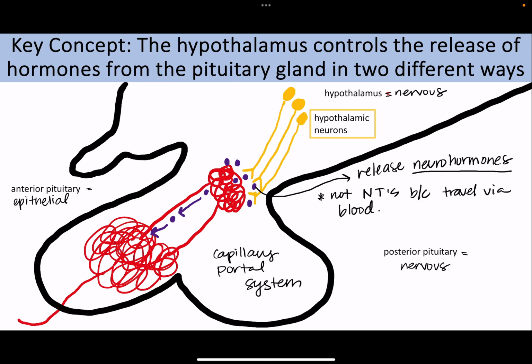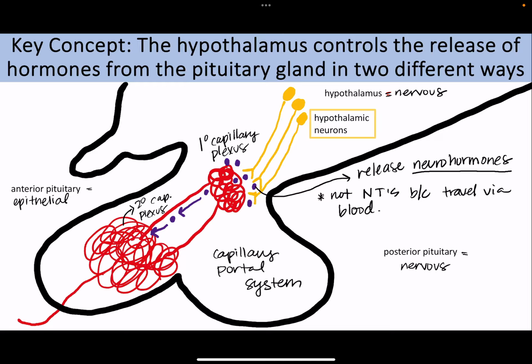We use this capillary portal system to allow that communication from the hypothalamus to the anterior pituitary. So this first capillary bed is called the primary capillary plexus. And the second set over here, this other capillary bed, is the secondary capillary plexus.